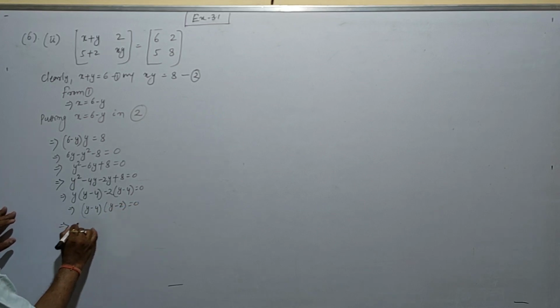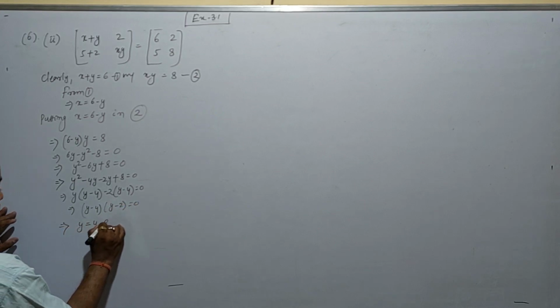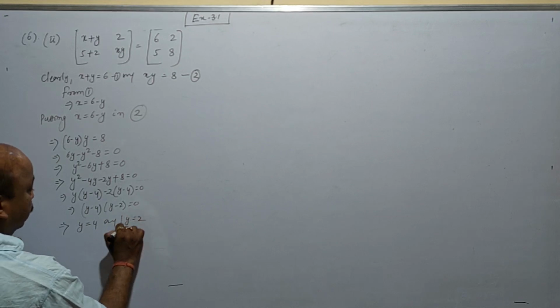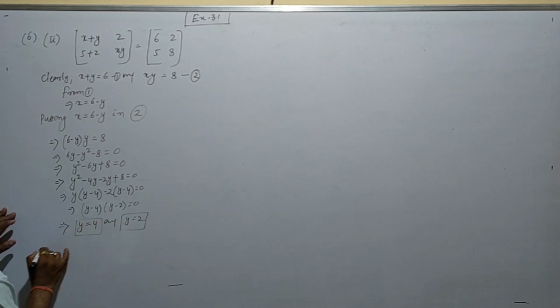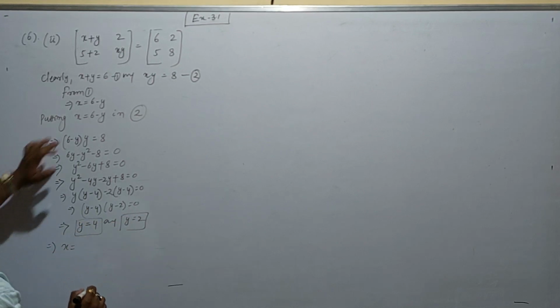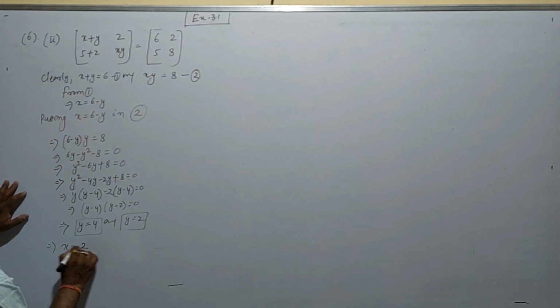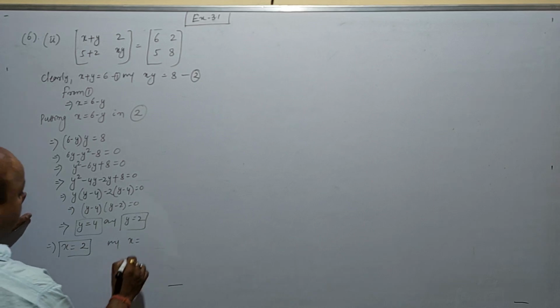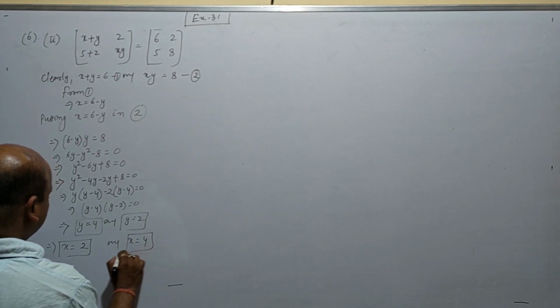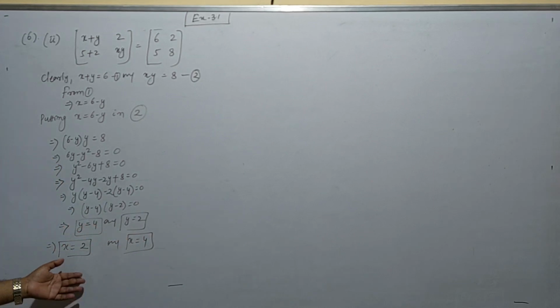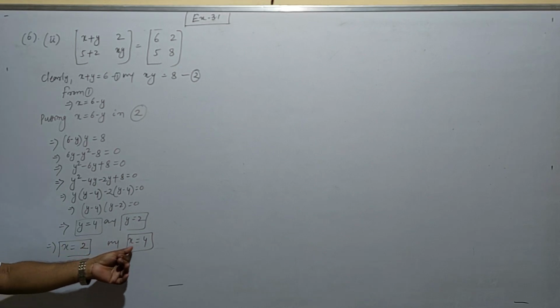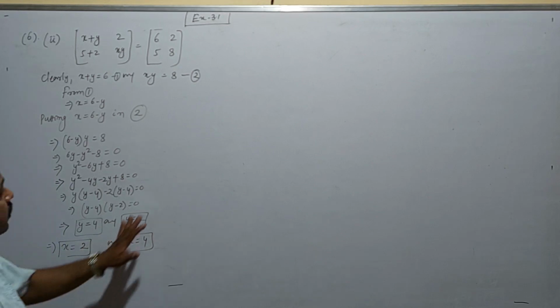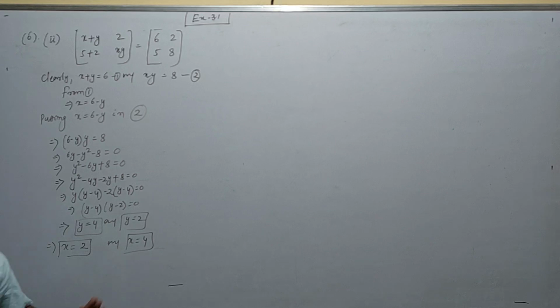So that implies, students, y is equal to 4 and y is equal to 2. Then x is equal to 6 minus y, so x is 2, and here x is equal to 6 minus 2, that is 4. So the values of x and y are: x 2, y 4, or x 4, y 2. These are the possible values of x and y from this equality of matrices.